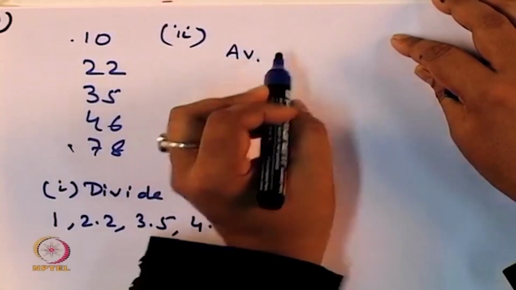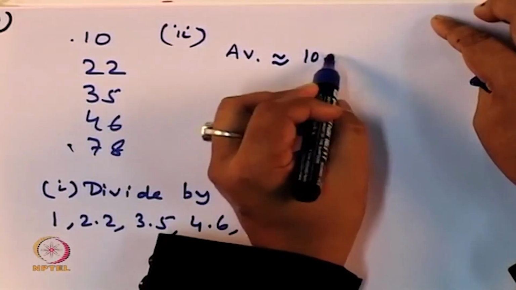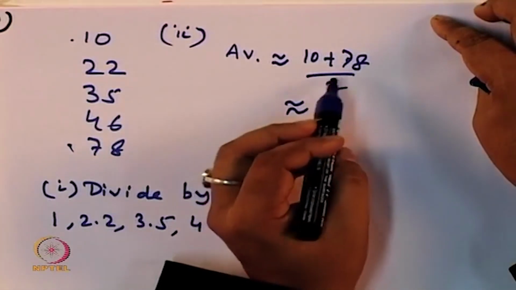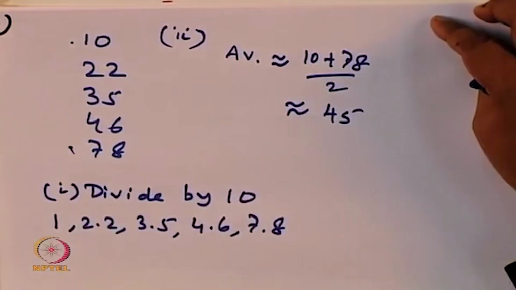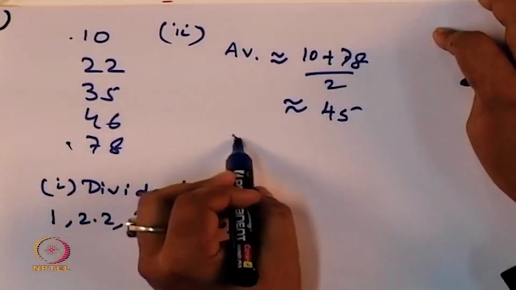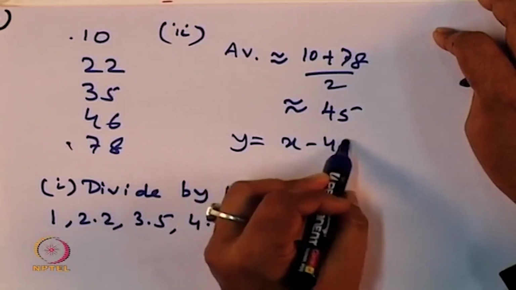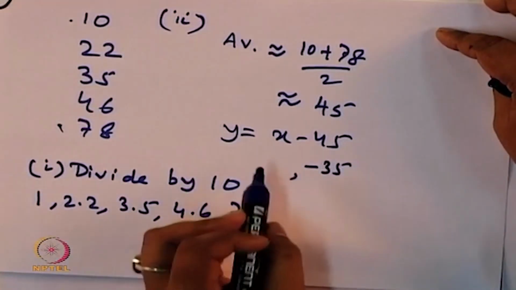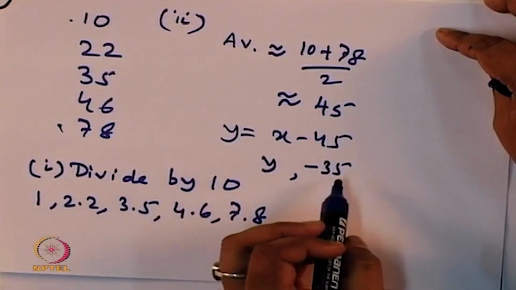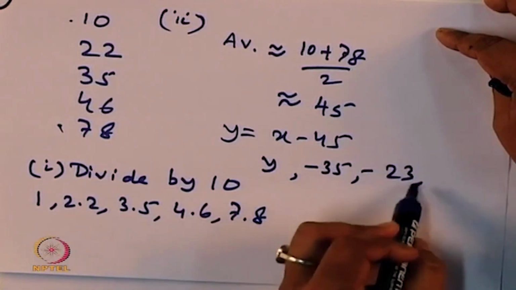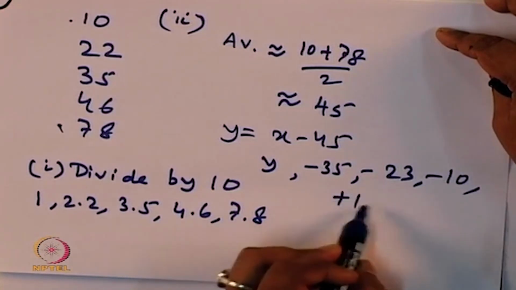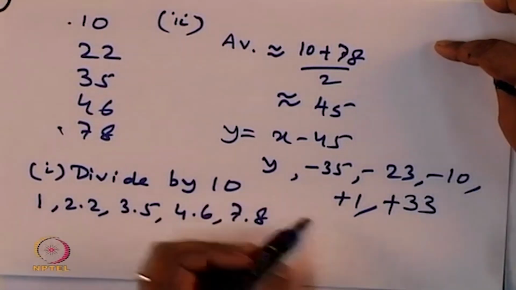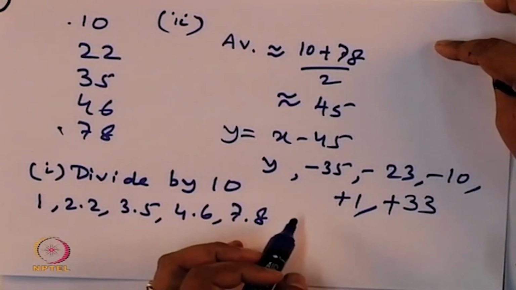So, average here is roughly equal to (10 plus 80) by 2, which is 45. We can apply the transformation y is equal to x minus 45 here, and then my y values are minus 35, minus 23, minus 10, plus 1, plus 33.